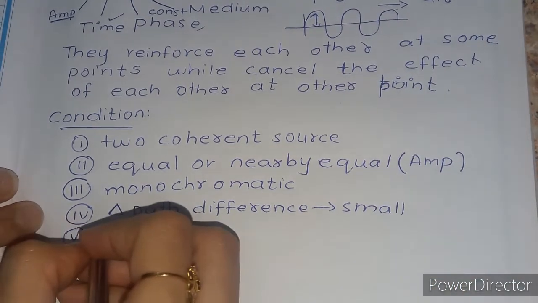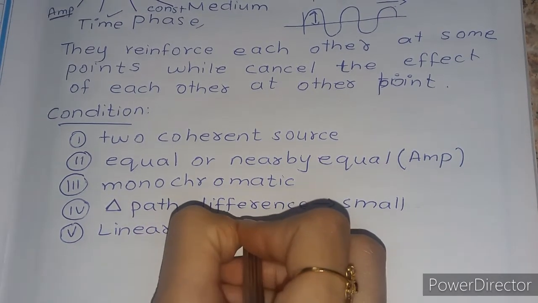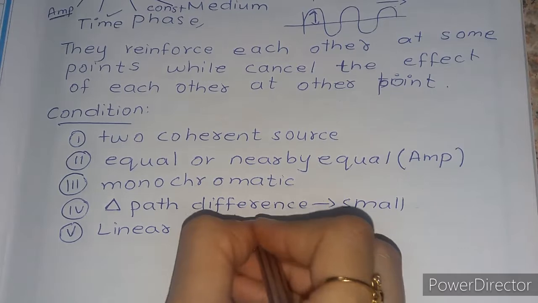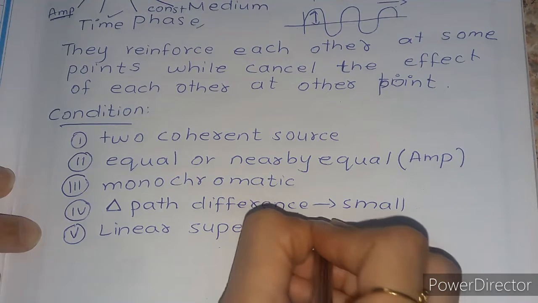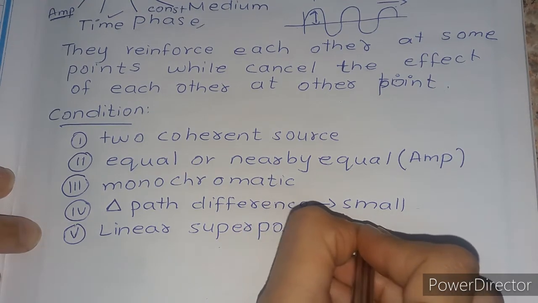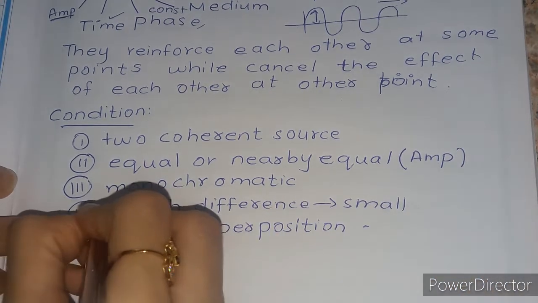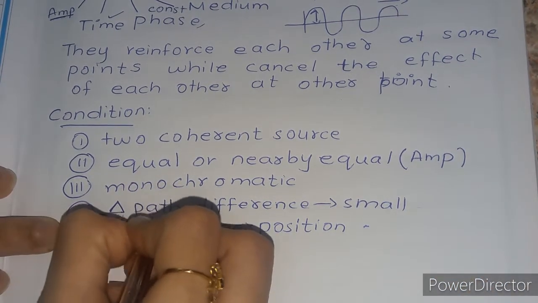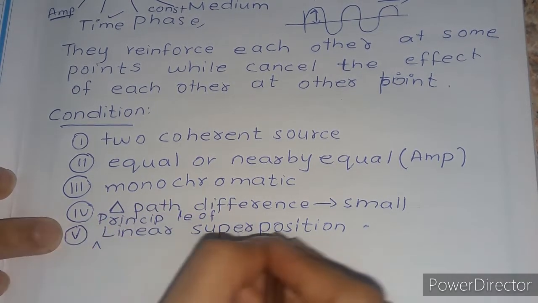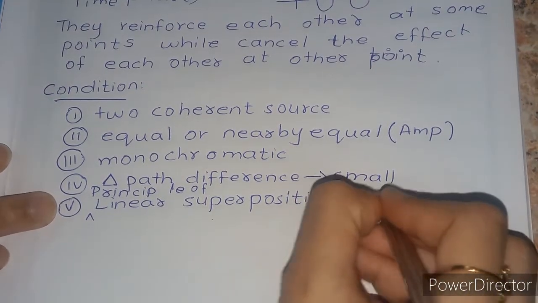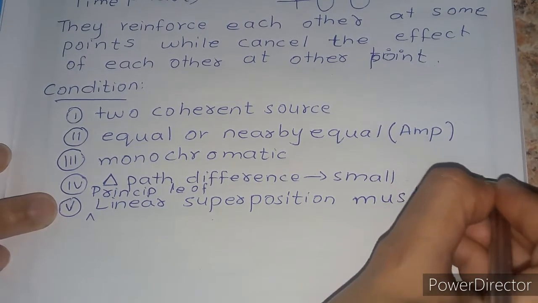Fifth point, the superposition principle, the principle of linear superposition, must be obeyed or applicable.